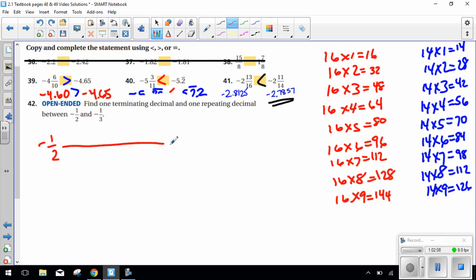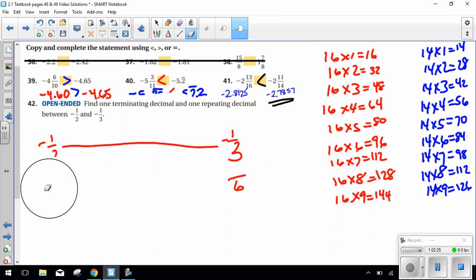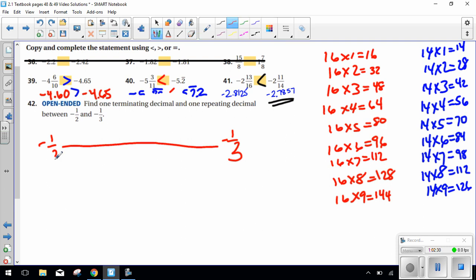So what students do is they'll find a common denominator and make them sixths. But the problem there is the directions say I want a terminating decimal and a repeating decimal. So even if you do find a common denominator, you're not really answering this question, because this question wants one terminating and one repeating. So what we're going to do is convert these to decimals.